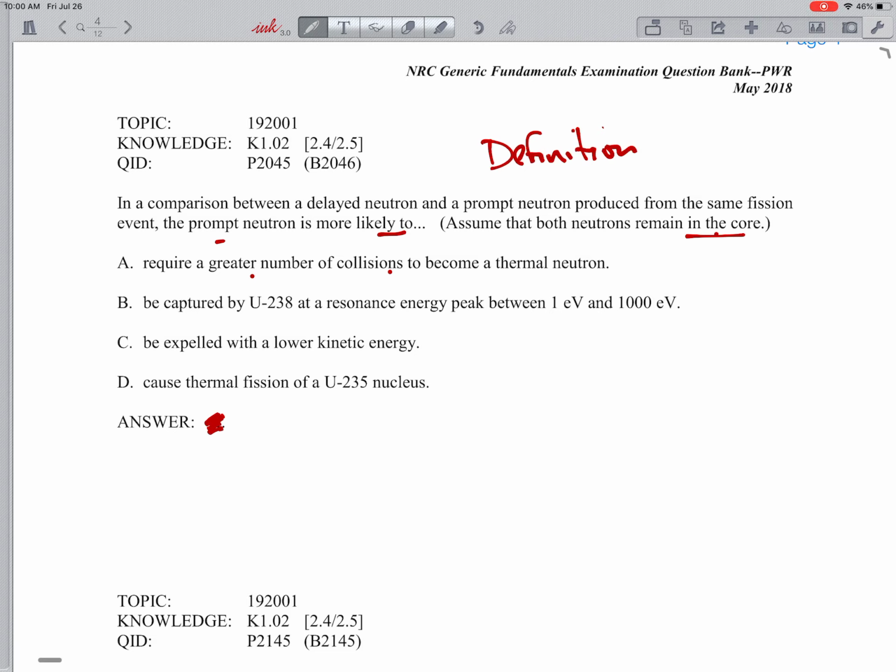Collisions take away kinetic energy, and prompt neutrons are born with greater KE, so that's right. But I'm going to read the rest of them. Prompt neutrons are more likely to be captured by a U-238 at a resonance energy peak between 1 and 1,000 electron volts. Remember, prompt are 1 to 2 mega electron volts. So that's a nice little distractor.